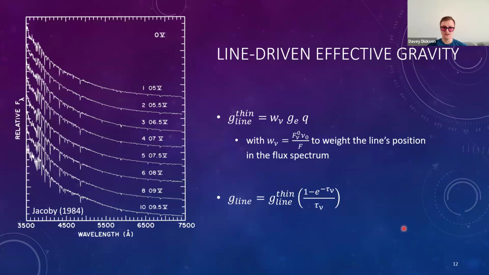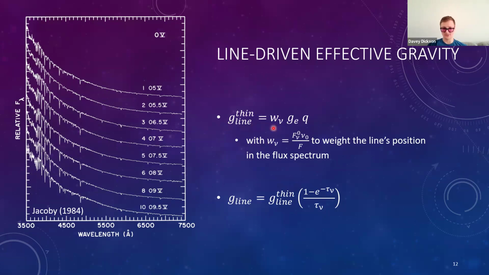All right. So with all those in mind, we can now calculate, given the Sobolev approximation and the spherical symmetry and all the other assumptions that we've made, a first estimate of the contribution to this radiative gravity through a single thin line.